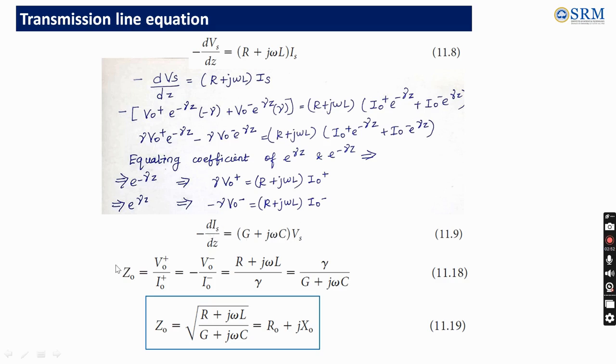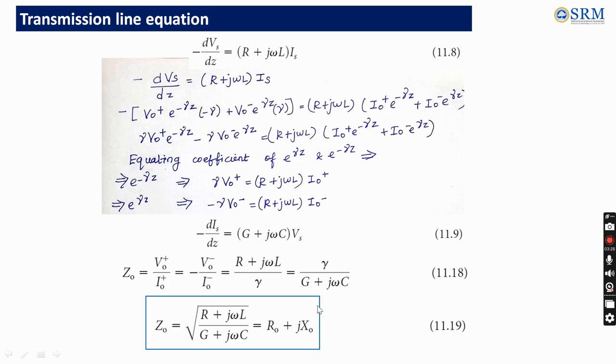In that case, we can write the characteristic impedance is the ratio of forward traveling voltage to the forward traveling current, and similarly it is the negative of the ratio of reverse traveling voltage to reverse traveling current. From this expression, we find it is going to be (R + jωL)/γ for V0+/I0+, or minus V0−/I0−.